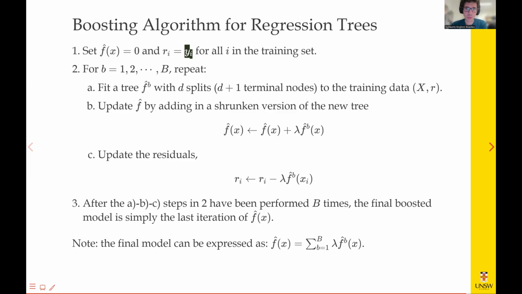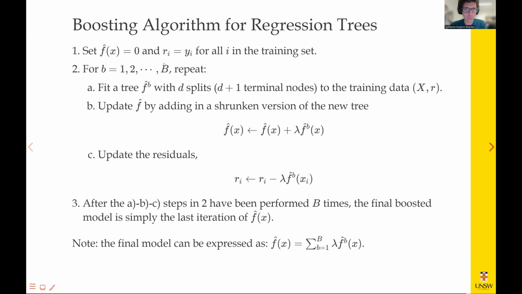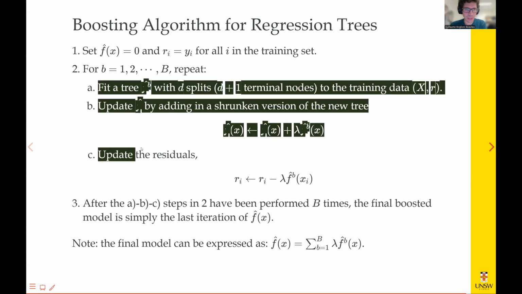Well, yes, because residuals is response minus fitted. Well, if the fitted is 0, response minus fitted is just response. Now, you do many times the following three steps. Okay, so for b going from 1, 2, up to B, a large number, you do all those things.